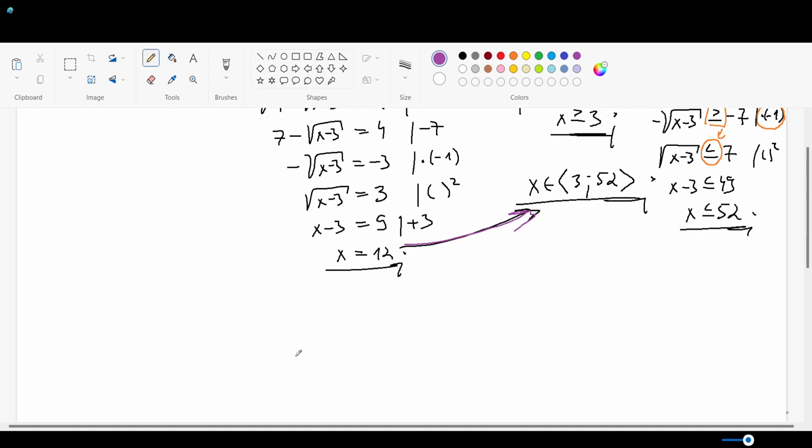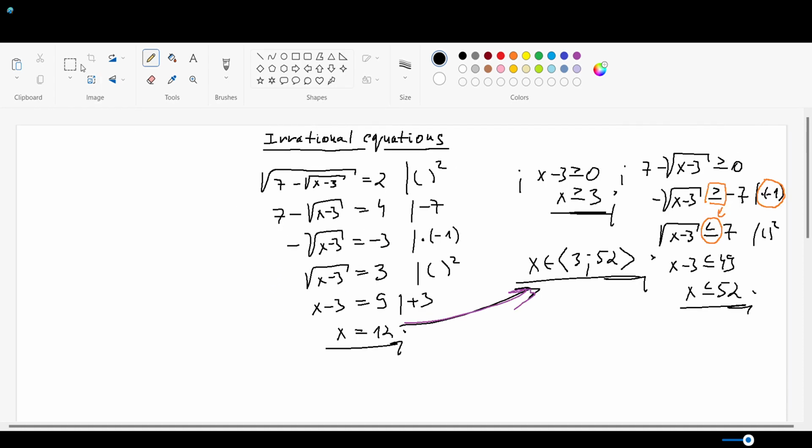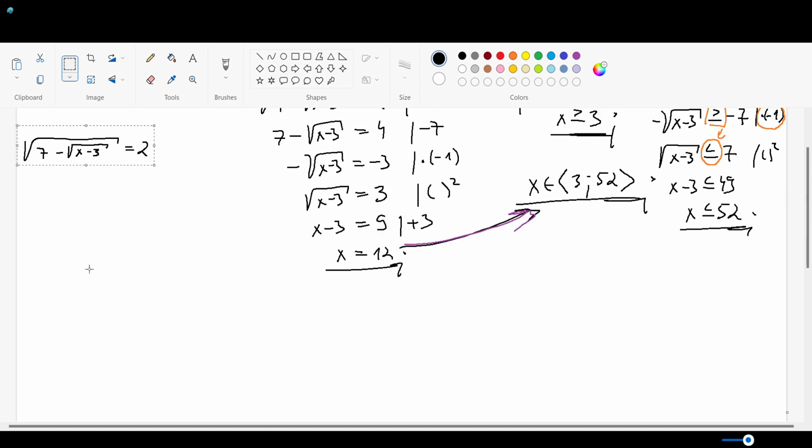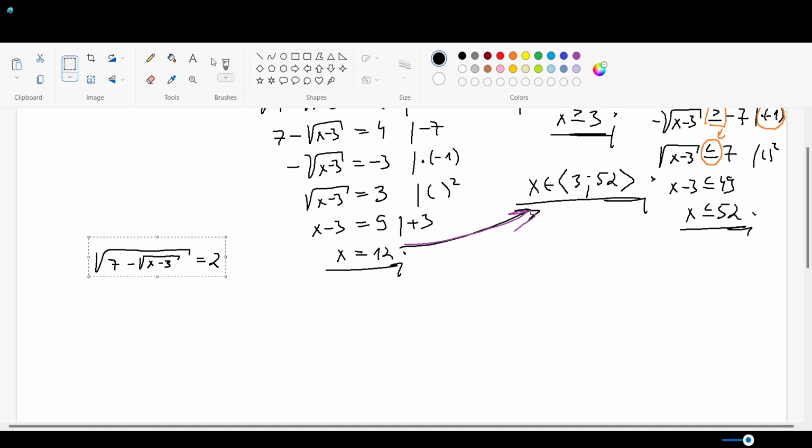But as we did not do equivalent operations here and also up there, we really have to check this equation and our result. So let's do it very quickly.